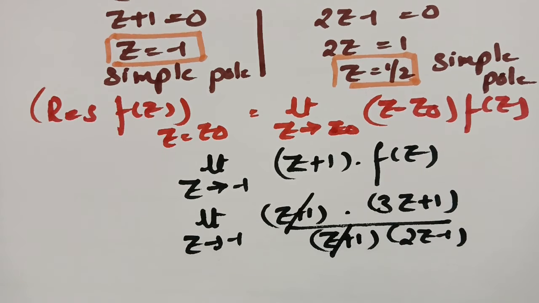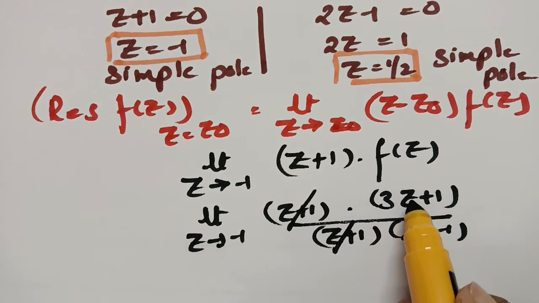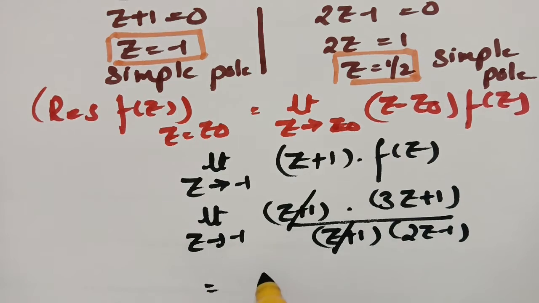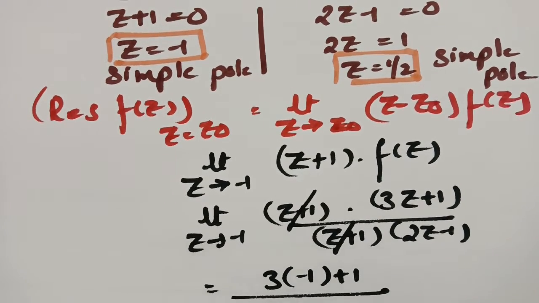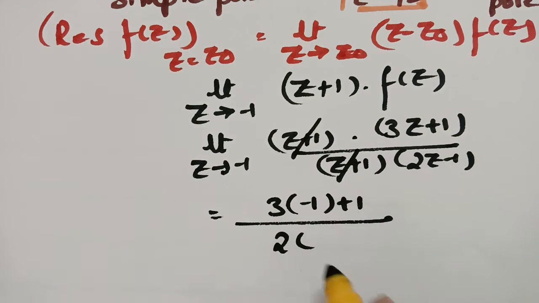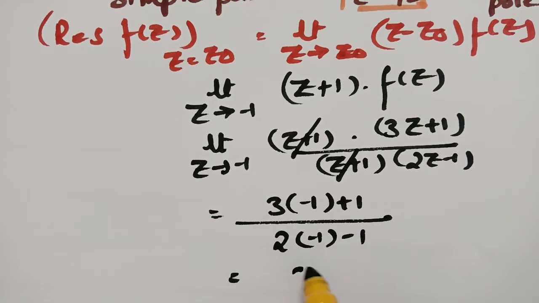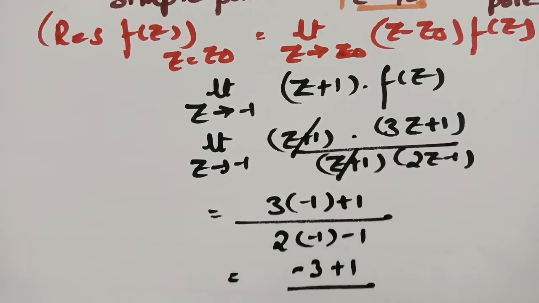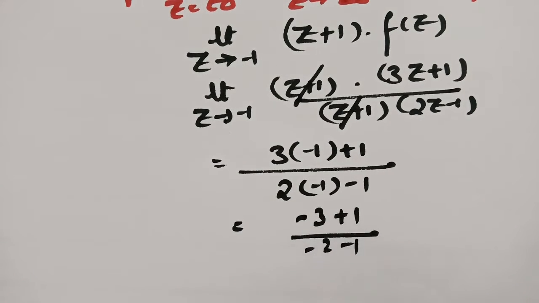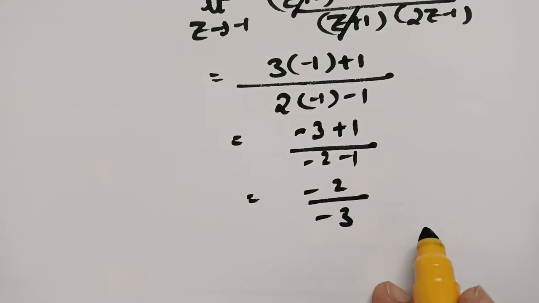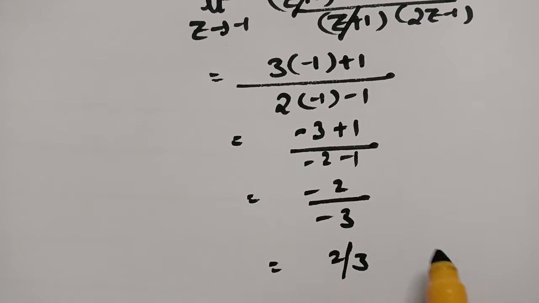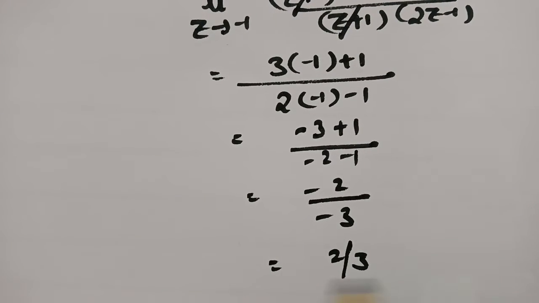After substituting f(z) as (3z + 1) / ((z + 1)(2z - 1)), I cancel the common factor z + 1 between numerator and denominator, and in the remaining expression I substitute z = -1. So this will be (3(-1) + 1) / (2(-1) - 1), which is -2 / -3, and the value here is 2/3.